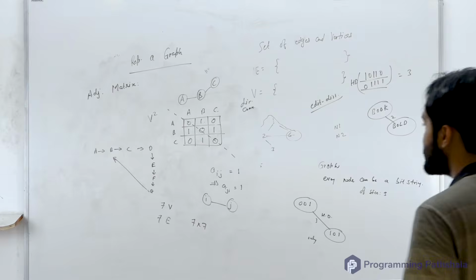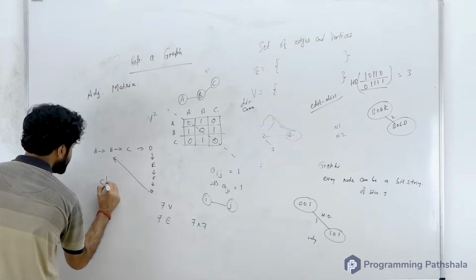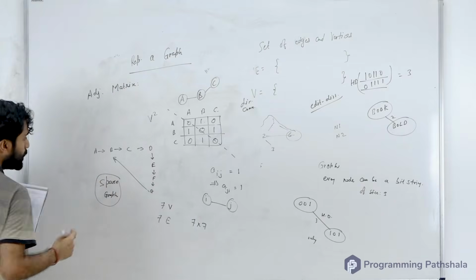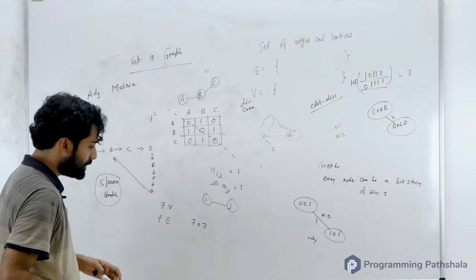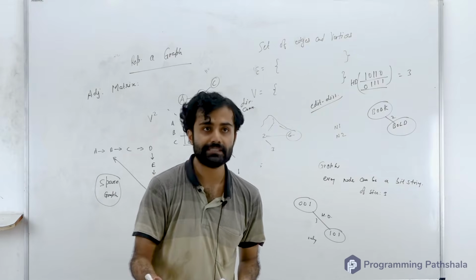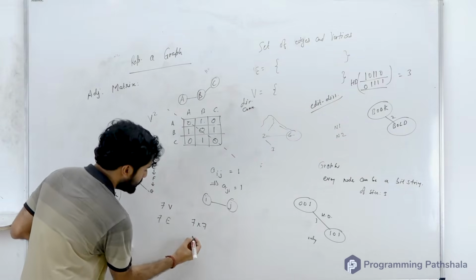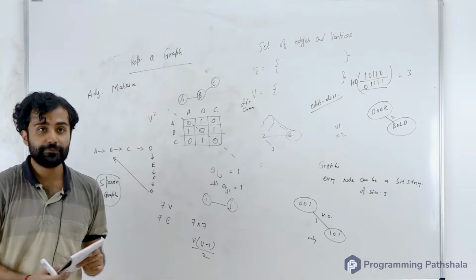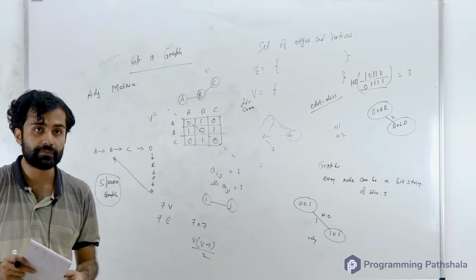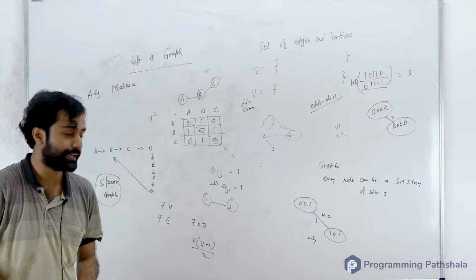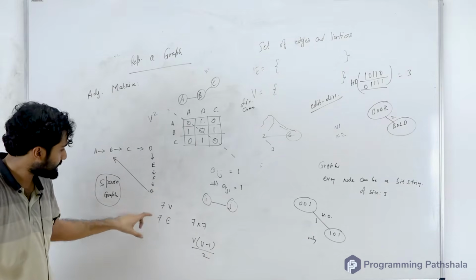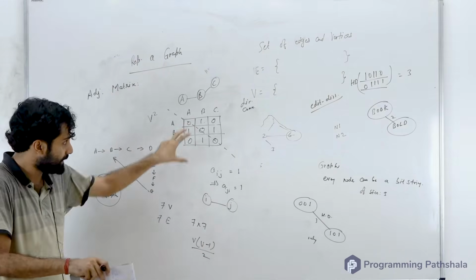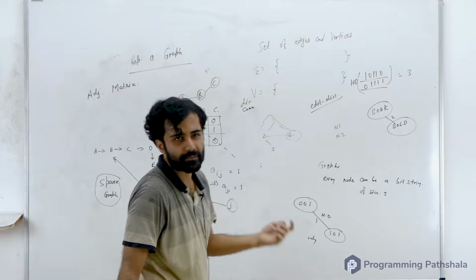That is because such a graph is called a sparse graph. What is a sparse graph? One where the number of edges is very much less than V(V-1)/2, because V(V-1)/2 is the maximum number of direct linkages that can be there. So if the count of edges is much lesser than this, allocating order of V square space is a wastage of space.